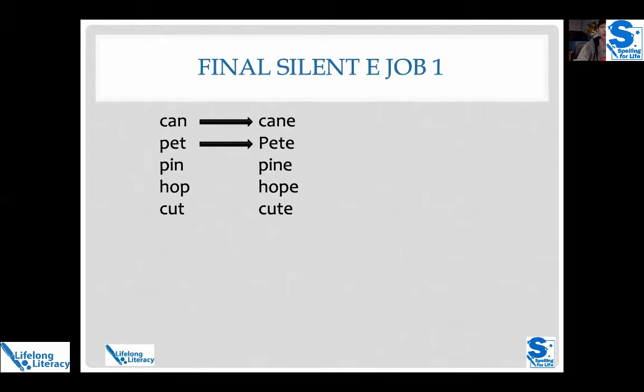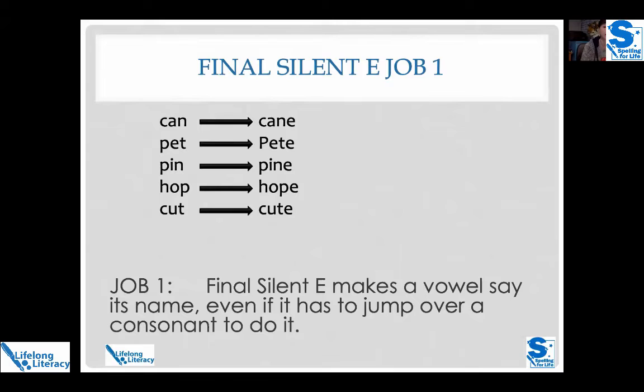I can get the word pin to now say pine. Just by adding final silent E, I can turn it into a completely different word. Hop to hope and cut to cute. So final silent E makes a vowel say its name, even if it has to jump over a consonant to do it. That's final silent E, job one.